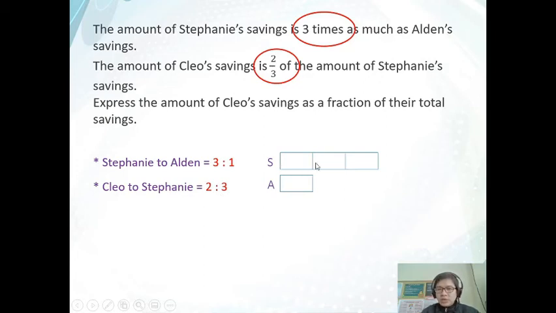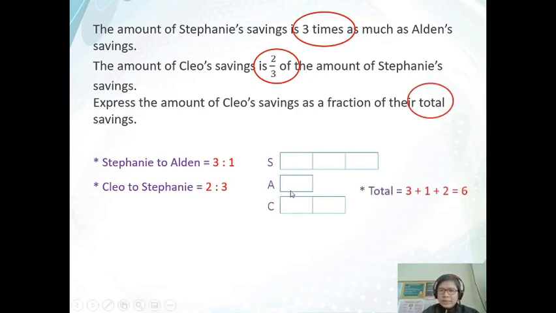Stephanie is already 3 units in both, so we don't need to change anything. Just add Cleo directly. Cleo is 2 units. So can we find the total right now? Yes, the total is 3 plus 1 plus 2 equal to 6.